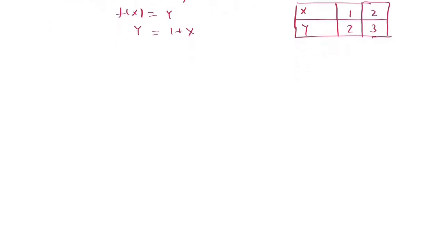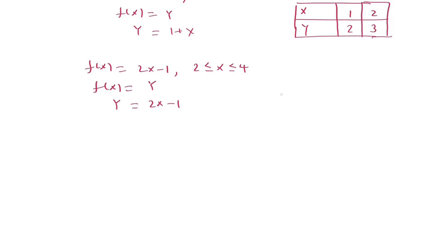So next we have the function of x equals 2x minus 1, with the values of x as 2 less or equal to x less or equal to 4. Then we are going to let function of x equal y. Then our equation is going to be y equals 2x minus 1.